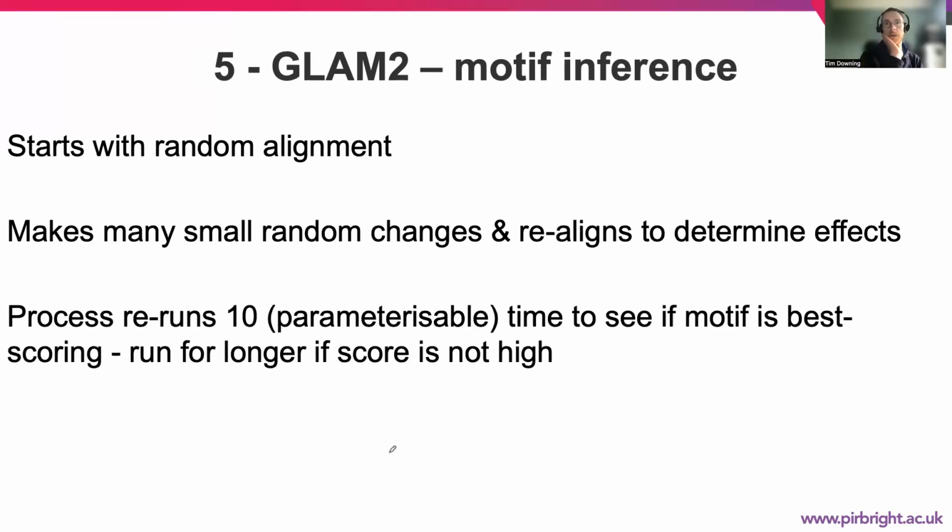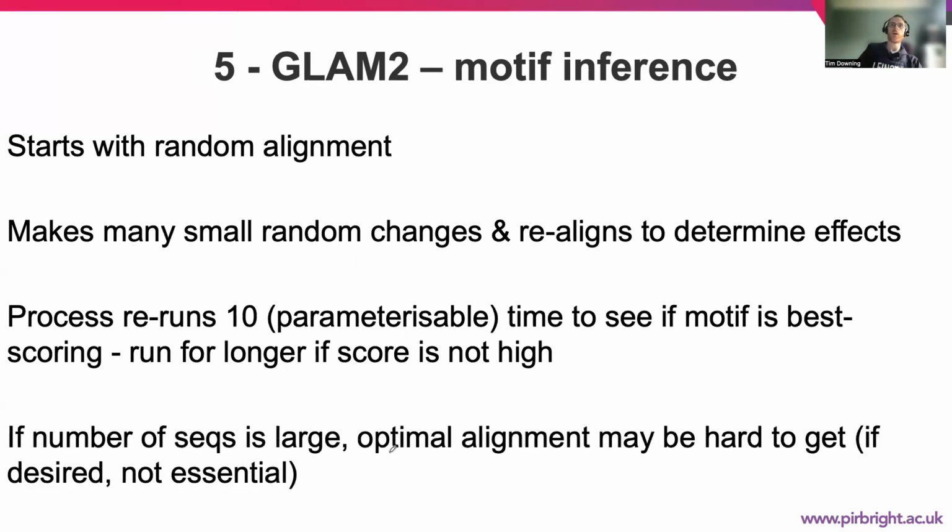You can change that to a different frequency if of interest, and it looks to see which motif is the best scoring option, and it can be run for longer if the score is not high. Notably, if the number of input sequences is very large, the optimal alignment may not necessarily be found in terms of the number of runs, but that may not be necessary once the most likely solution is clear.